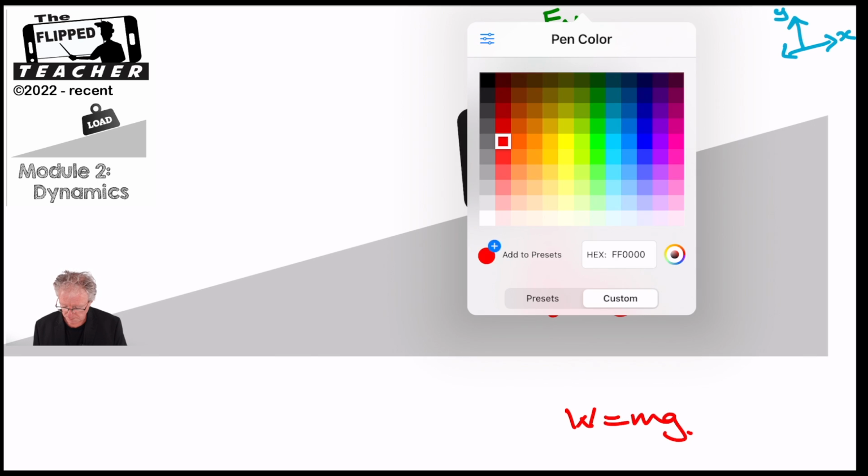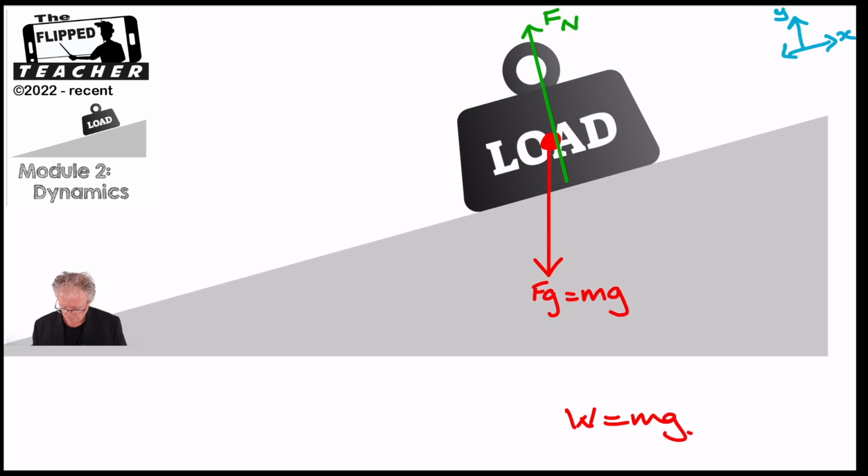So now I'm going to break my weight force up into the vertical component. Okay, and of course that there is called Fg perpendicular, and if we're talking about this angle here, which is the same as this angle here, then that's going to be mg cos theta.